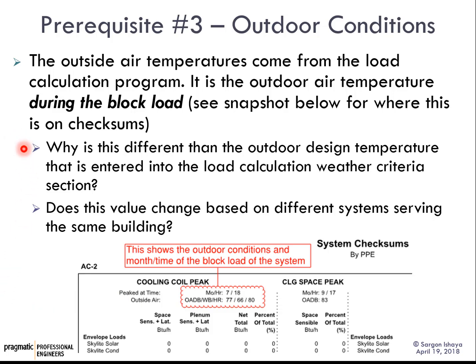All right, I'm going to start again. The reason that this is different is because the block load of the building is a function of the outdoor air temperature, but it's also a function of other things like people, computers, and so on. The building, especially if it's made out of concrete, and almost all buildings are in Northern California, will have what's called a thermal mass, which causes a capacitance.